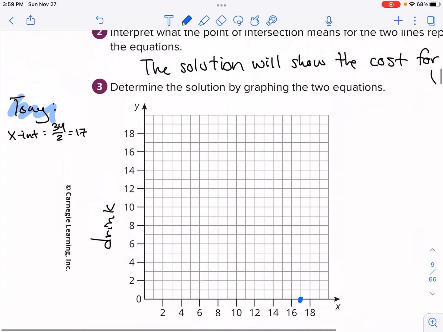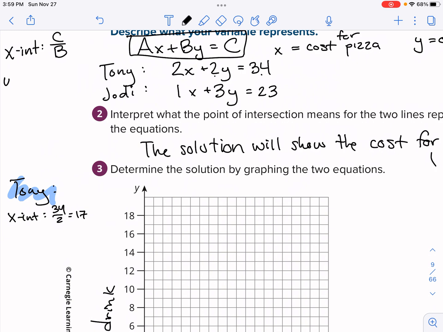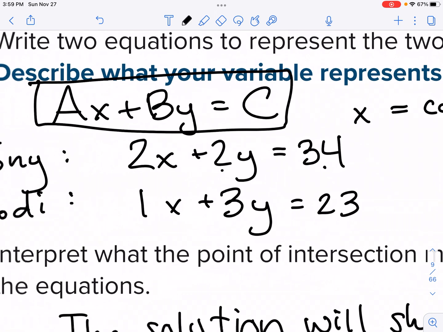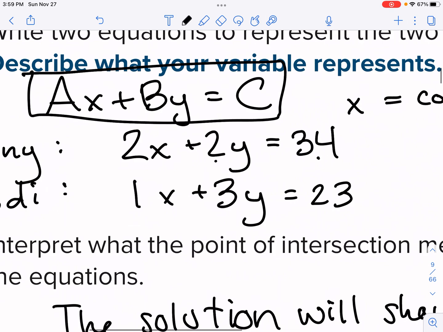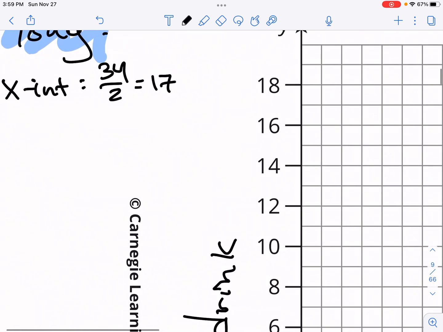Okay, but let's also find the y-intercept. The y-intercept of an equation in standard form is c divided by a, right? So c is the last number and a is the first number. So c is 34, a is 2. So to find the y-intercept for Tony, 34 divided by 2, it's exactly the same thing.